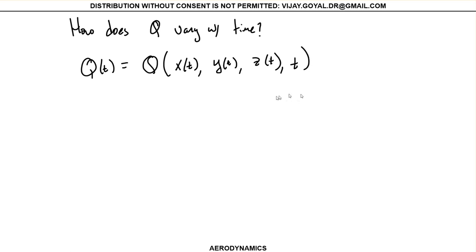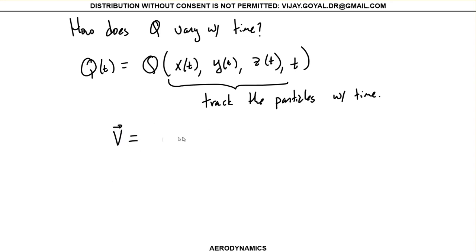What we are trying to do is track the particles with time. That's what we are really trying to do. And we also know that I have a velocity vector that is going to have these velocity components in the more general sense.